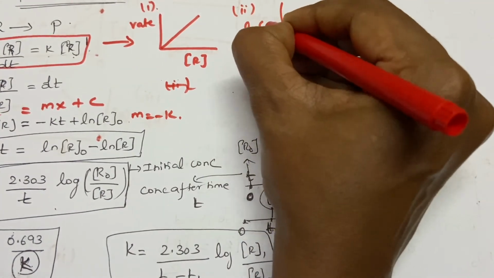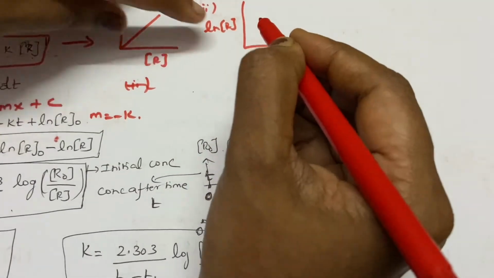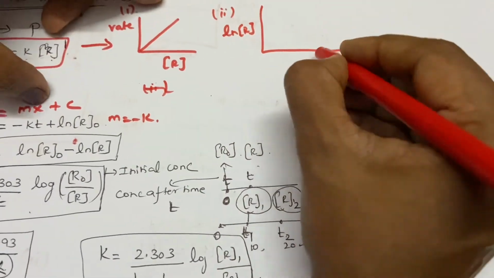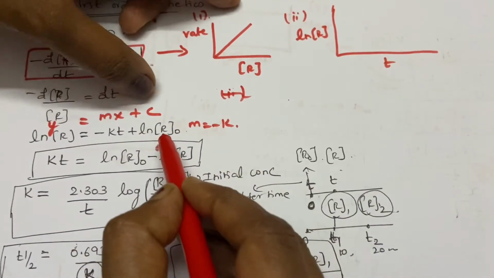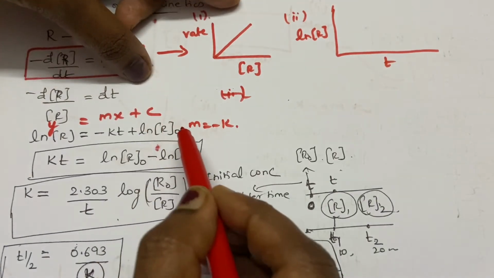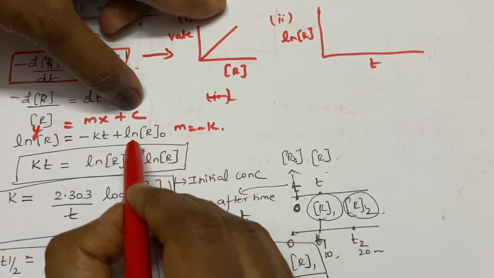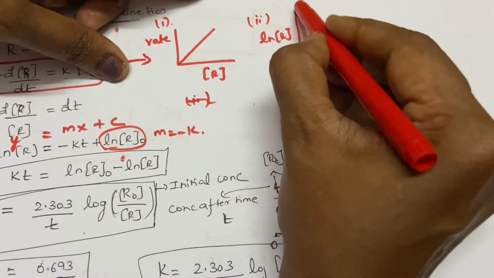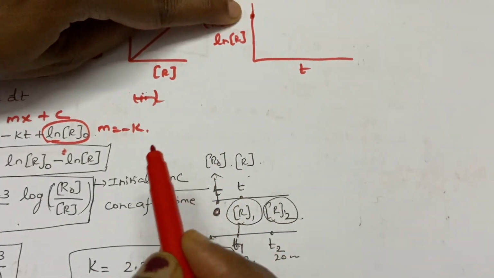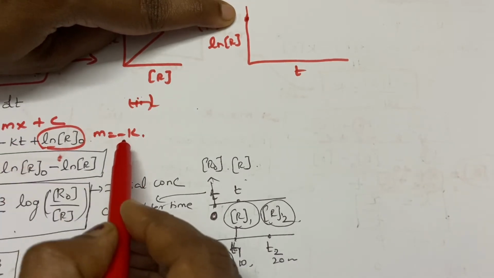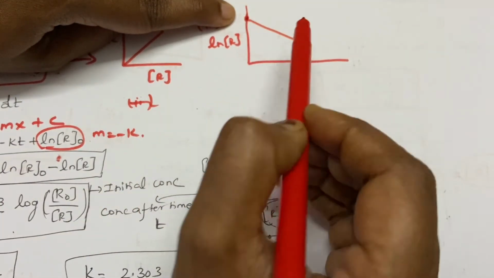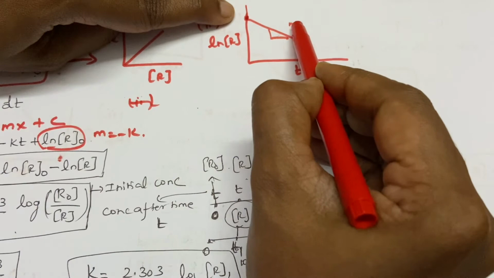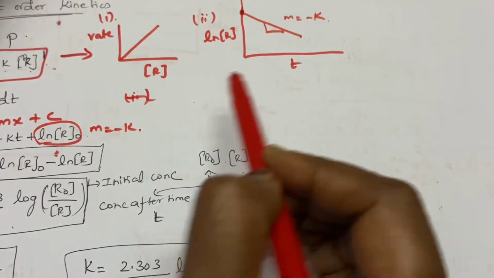This is your natural logarithm of concentration R, and x is equal to t here. The intercept is not 0, the intercept is ln R0, so it is a positive value, so it must start somewhere here, at the initial concentration. And the slope value is minus k, so it has to come down. The slope value m is equal to minus k. So this is the graph.